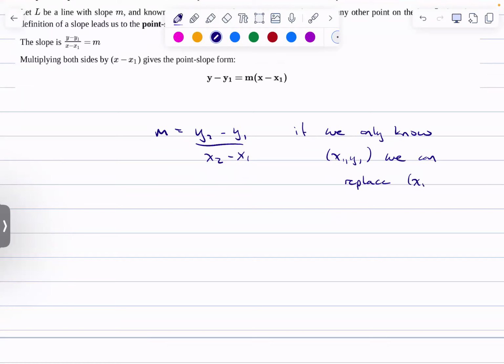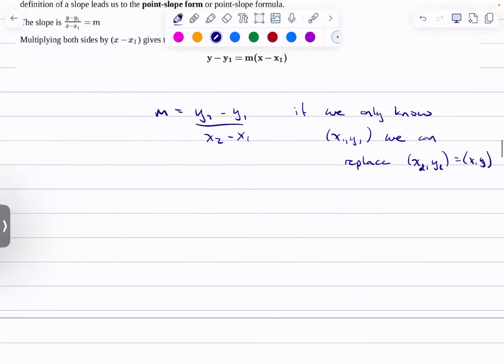So then the slope becomes y minus y1 over x minus x1.